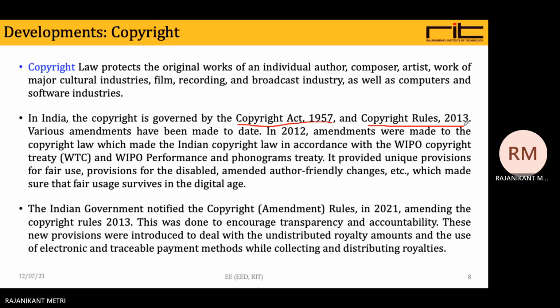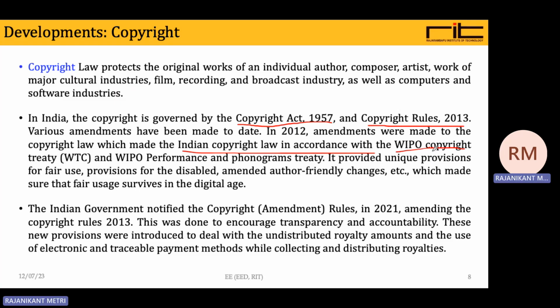But these are not fixed. Various amendments have been made up to date. In 2012, amendments were made to the copyright law, which made the Indian copyright law in accordance with the WIPO, World Intellectual Property Organization, copyright treaty.